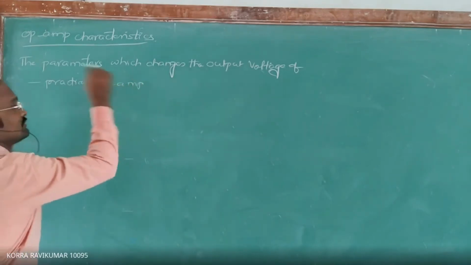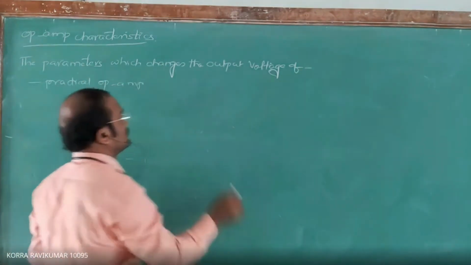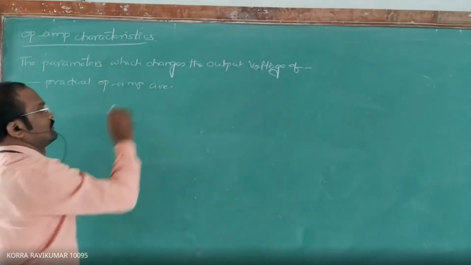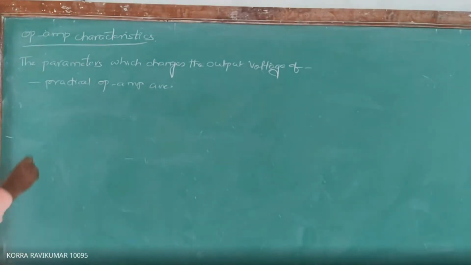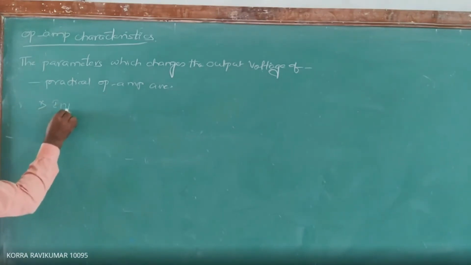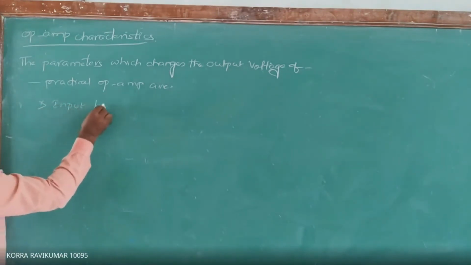Those are: first one is input bias current.